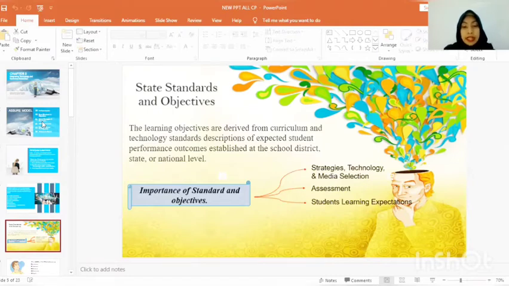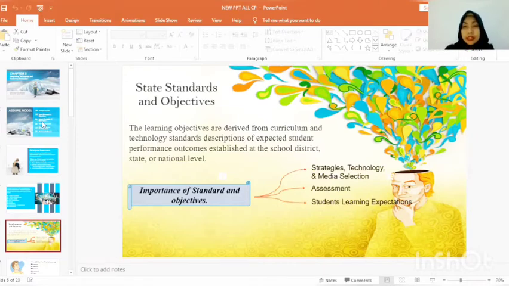In this part, there are 3 components included in state standards and objectives. Number 1 is the importance of standards and objectives. There are 3 bases here. The first one is strategies, technology, and media selection. The second one is assessment.